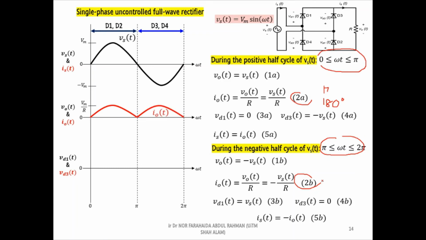Next, draw the diode voltage waveforms on the bottom axis based on equation 3a and 3b for diode D1 and D2 and equation 4a and 4b for diode D3 and D4. Later, sketch the output voltage waveform on the middle axis.